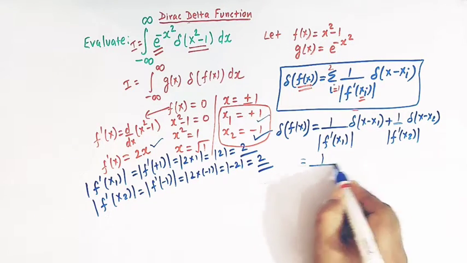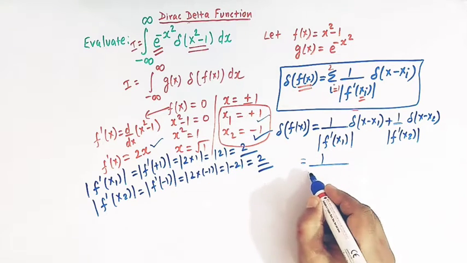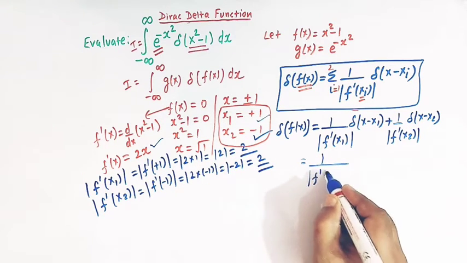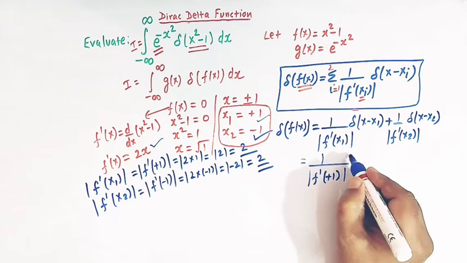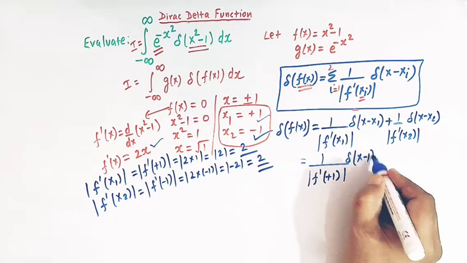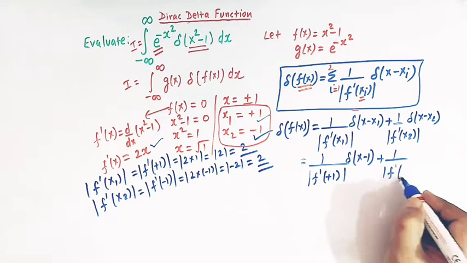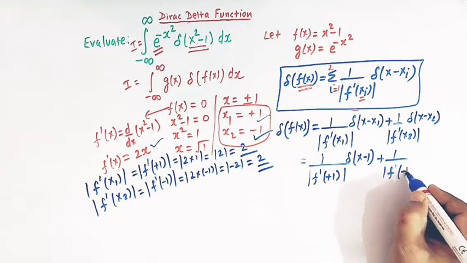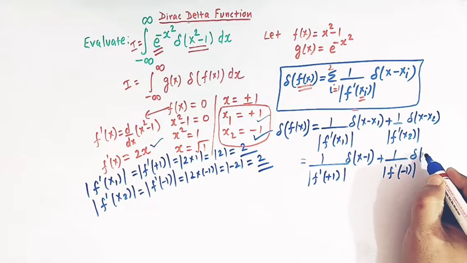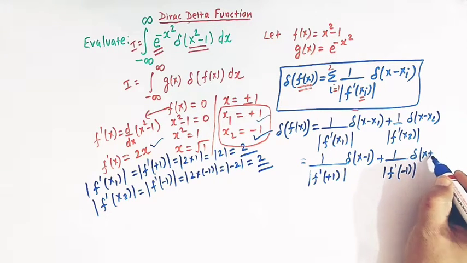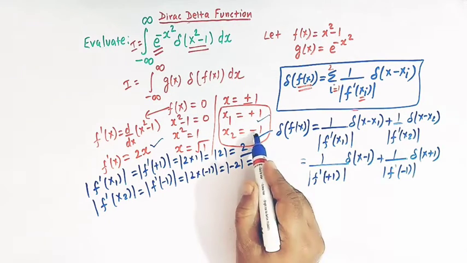So substituting the values of x1 and x2, we have mod of f prime of plus 1. Here we have delta of x minus 1, and here we have 1 over mod f prime of x2. x2 is minus 1, and here we have delta of x plus 1, because x minus x2 is x minus of minus 1.